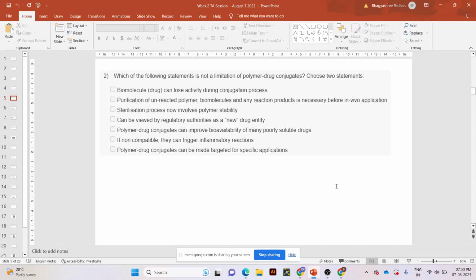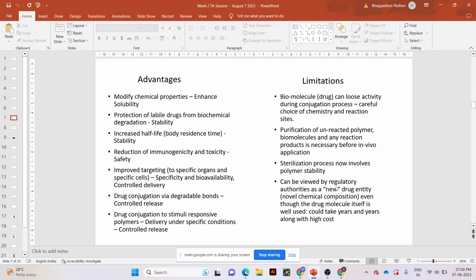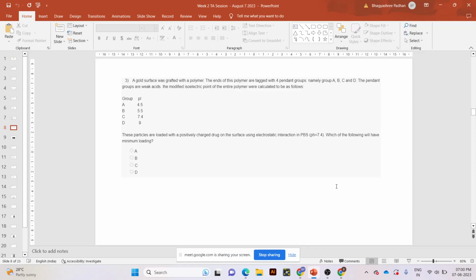So the two statements would be: polymer drug conjugates can improve bioavailability of many poorly soluble drugs, and polymer drug conjugates can be made targeted for specific applications. We also went through the advantages and limitations that were taught in the lecture.